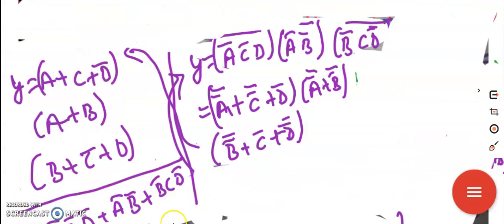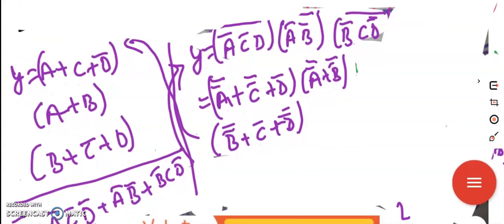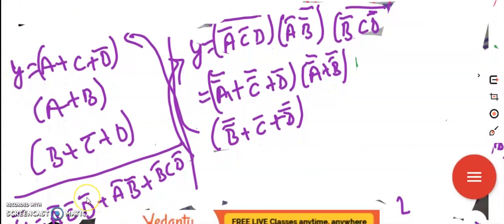If you look into the problem, this D bar was missing. Since this bar is missing, please add this bar. Then the bar in all the steps, even here. Then here this double bar gets erased.